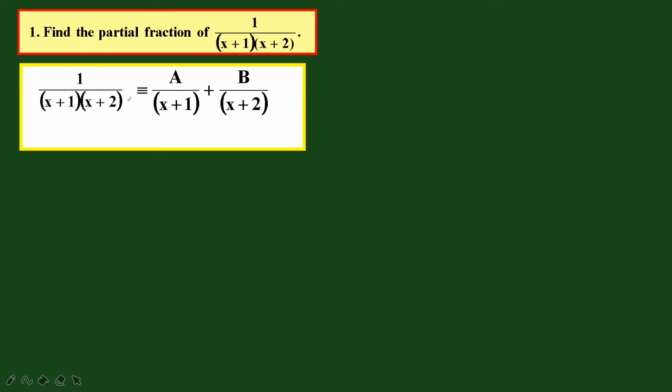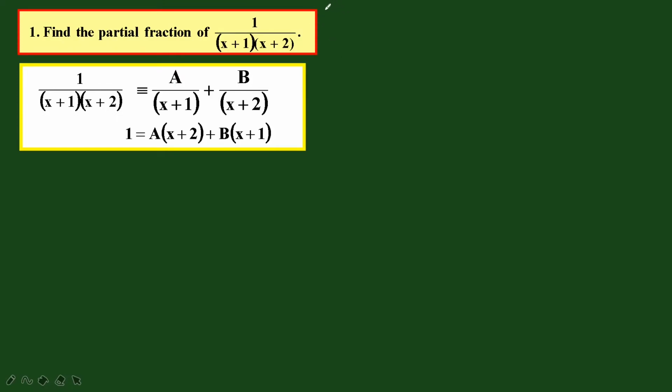Next thing is we are going to get rid of the denominator and get this. So how do we do so? Now what we do is we will take the first part here and multiply it.